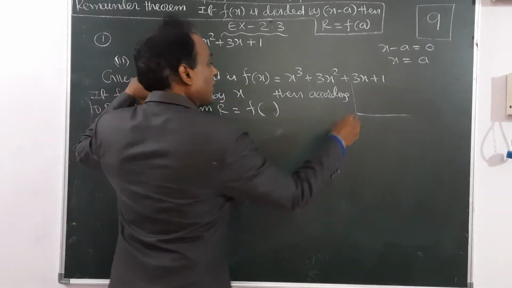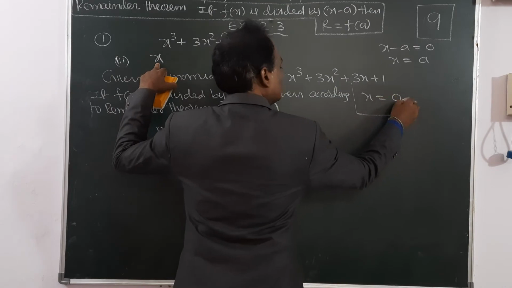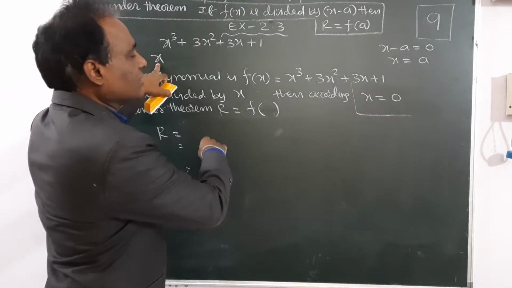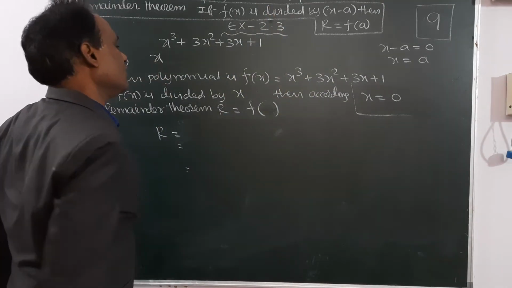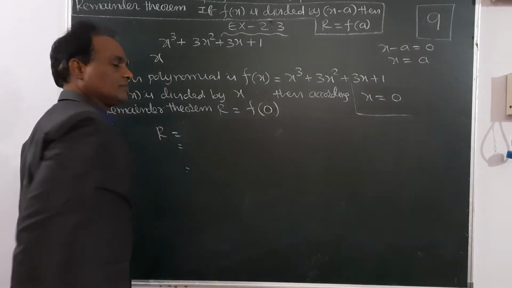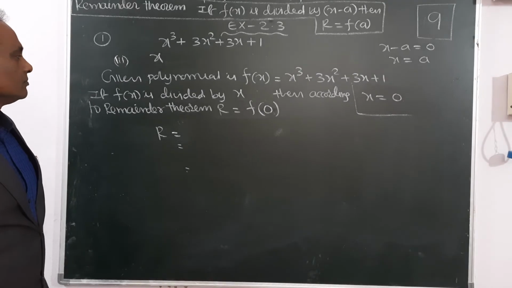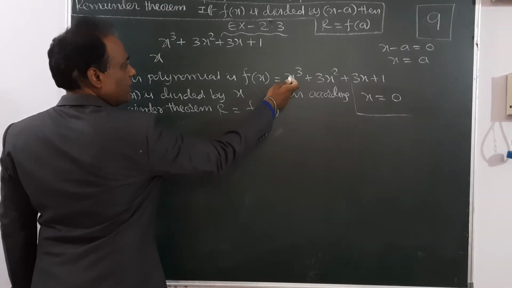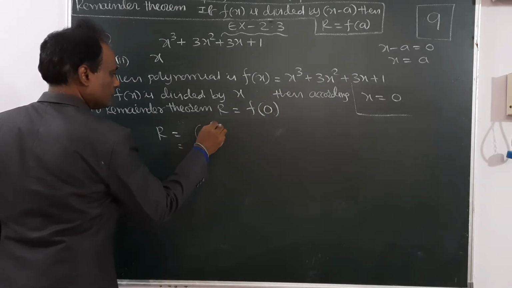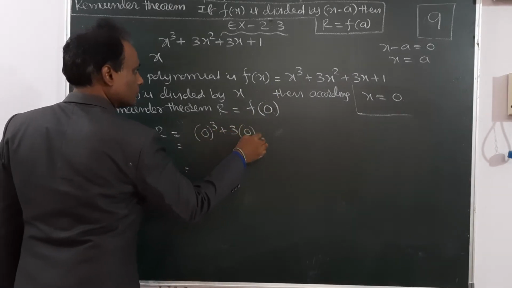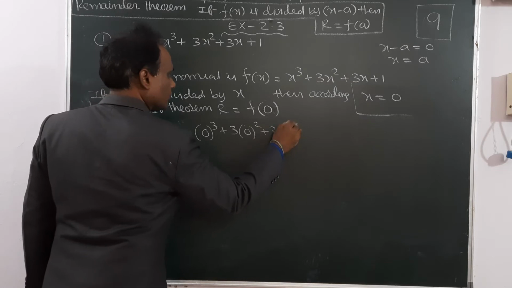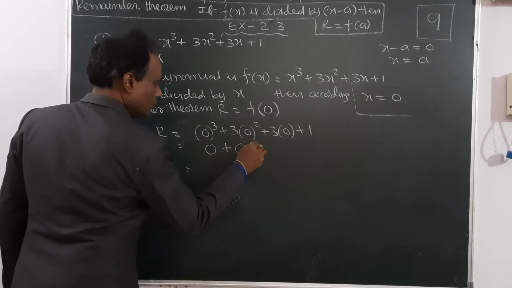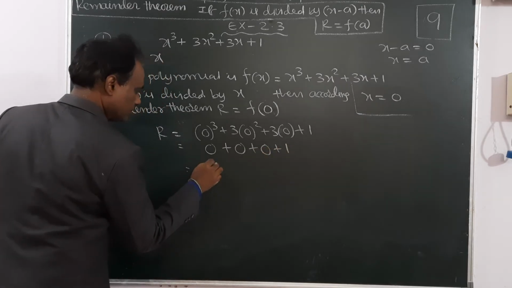X. So equate the divisor to 0. No need of simplification. There are no terms on the left side. X is equal to 0 only. So 0. The remainder is, write down x is equal to 0 in place of x. Zero, 0, 0, 1.